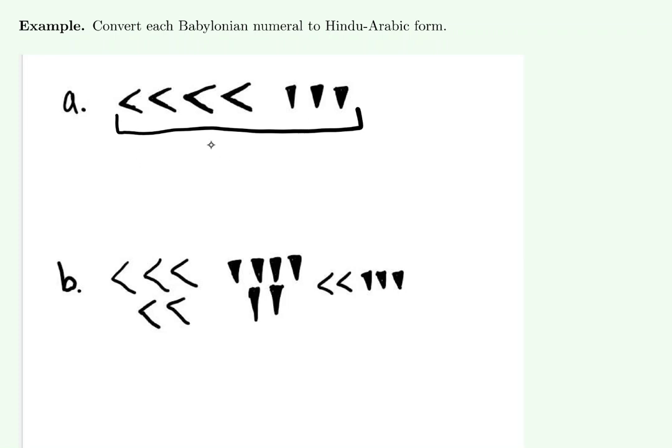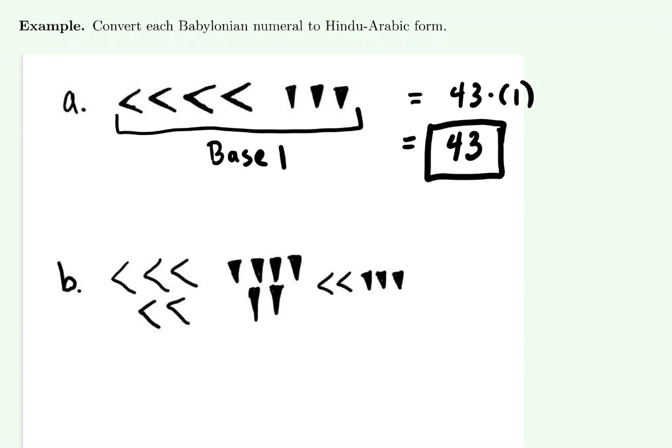We've only got one section, so all of this represents base 1. So this would be 10, 20, 30, 40, 41, 42, 43. So this is going to be 43 times the base 1, which would just be 43, is how this would translate.